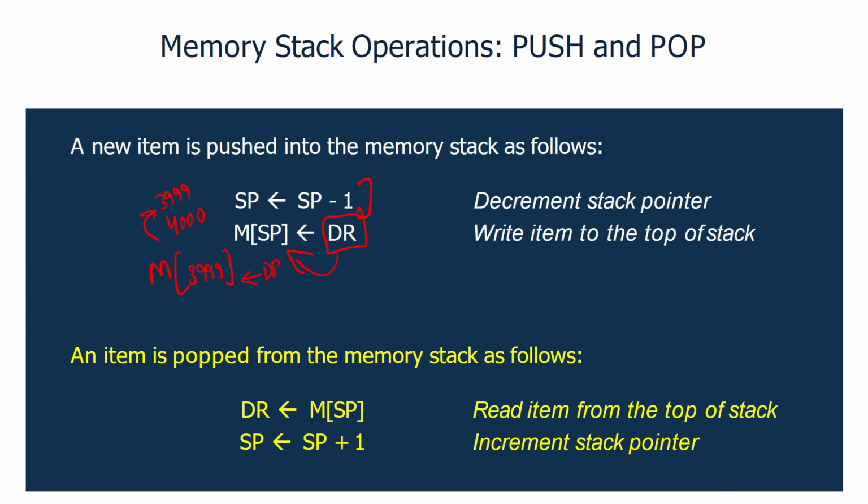This DR value will be sent. Similarly, in pop operation, the top of the stack value will be sent into the data register and SP will be SP plus 1. So if I pop the 3999 location value, this will go to DR and my SP will point back to 4000.